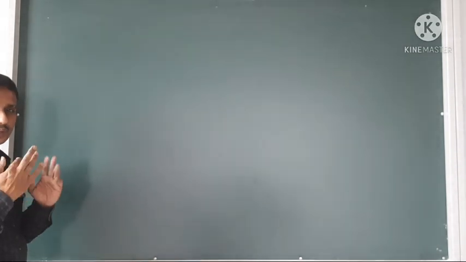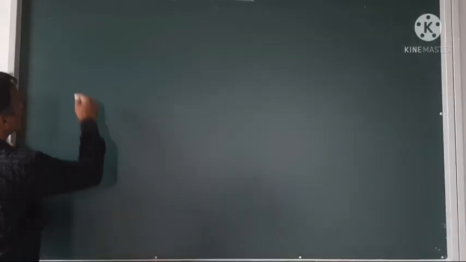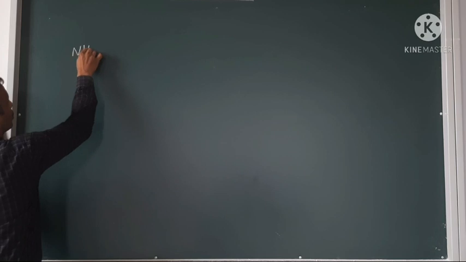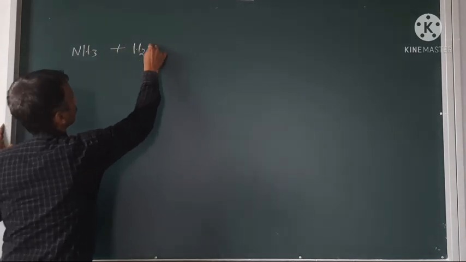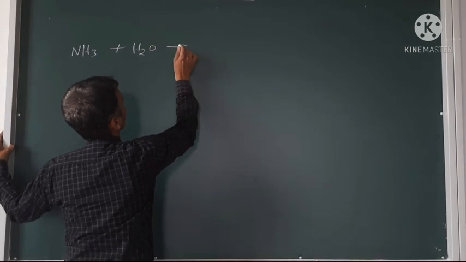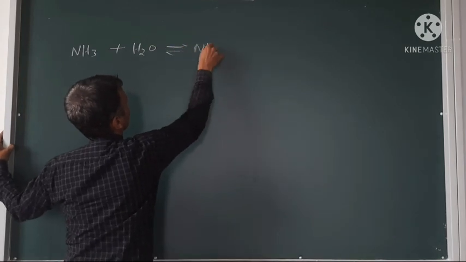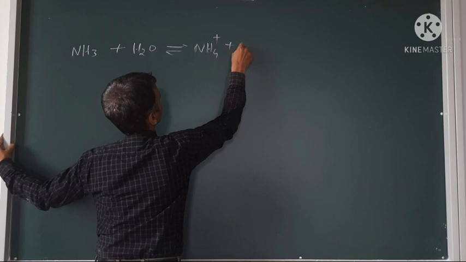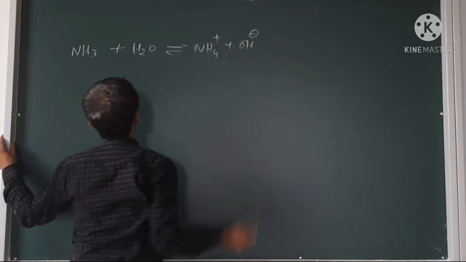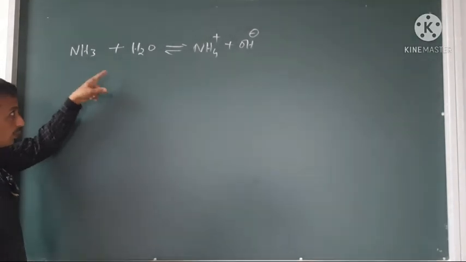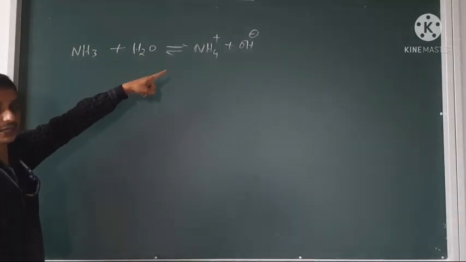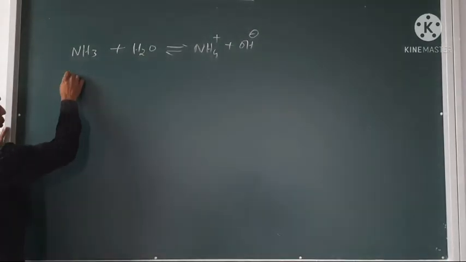Now I'll give one more example. You have to tell me what you find there. See, NH3 plus water gives NH4 plus and OH minus. What happened here? Ammonia has accepted a proton, that's why it became NH4 plus. So ammonia was a base.